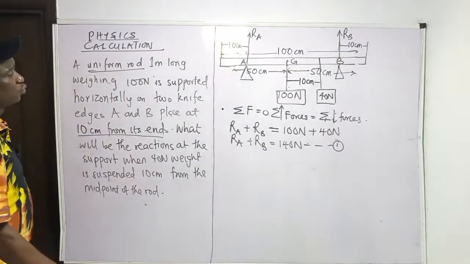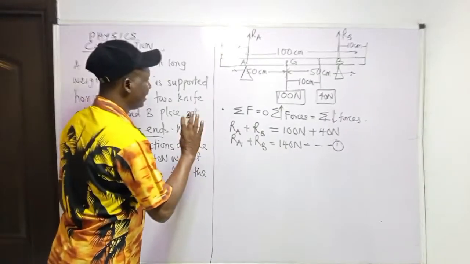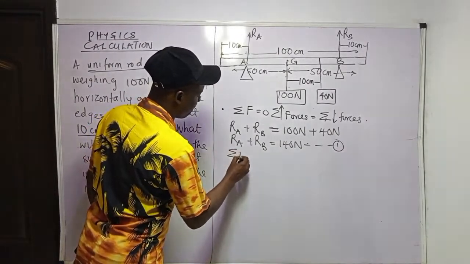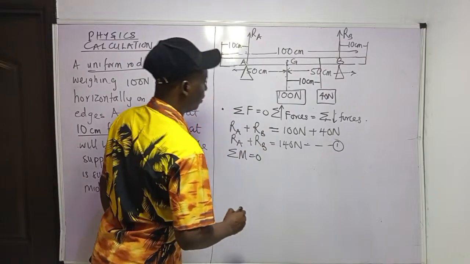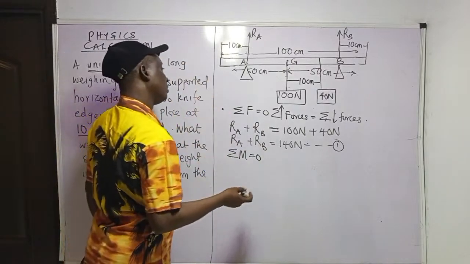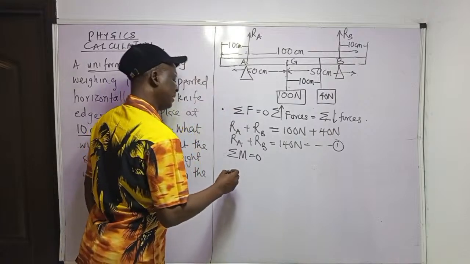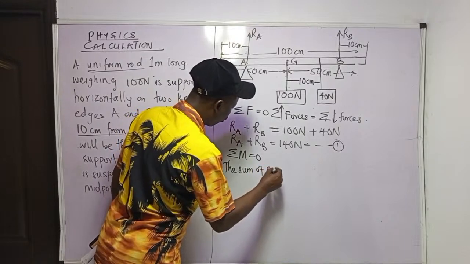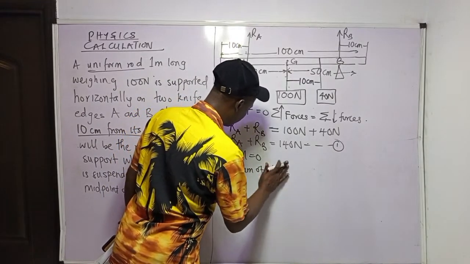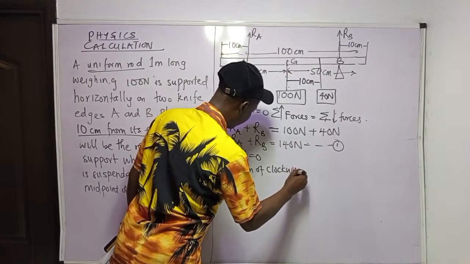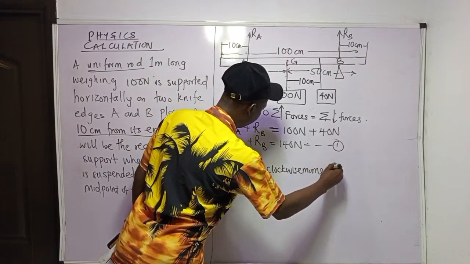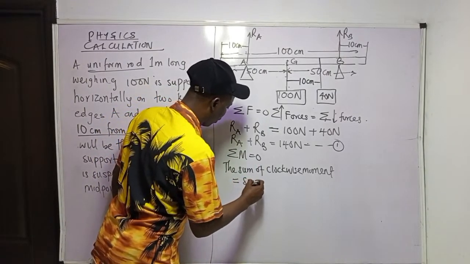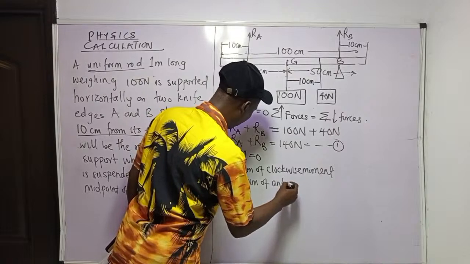Now, equation 2. Listen very well. The sum of moments must also be equal to 0 for this system to be in equilibrium. The law for that is: the sum of clockwise moments must be equal to the sum of anti-clockwise moments.